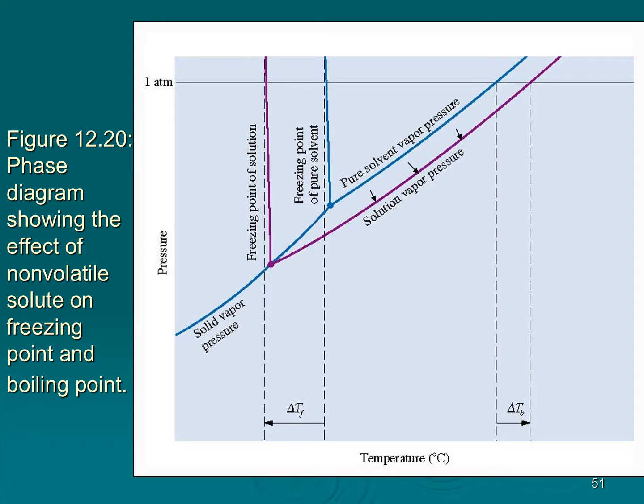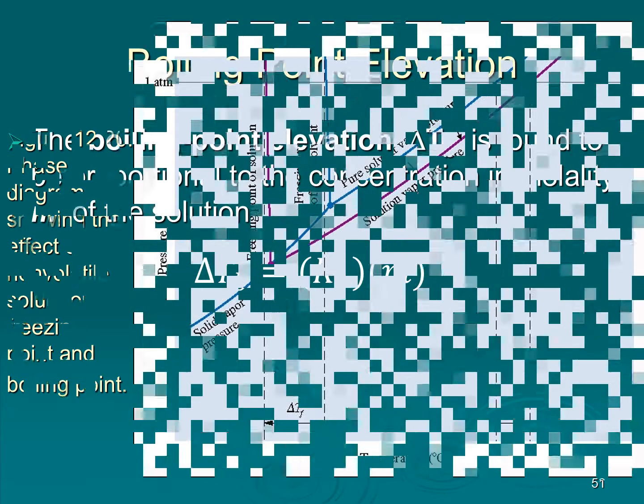What you notice is that the purple line now crosses the 1 atmosphere line at a little bit higher temperature than the original. So delta TB is the difference between the blue line at 1 atmosphere and the purple line at 1 atmosphere on the boiling point, right? So the vapor pressure, the right hand line. We'll talk about the freezing point in just a second.